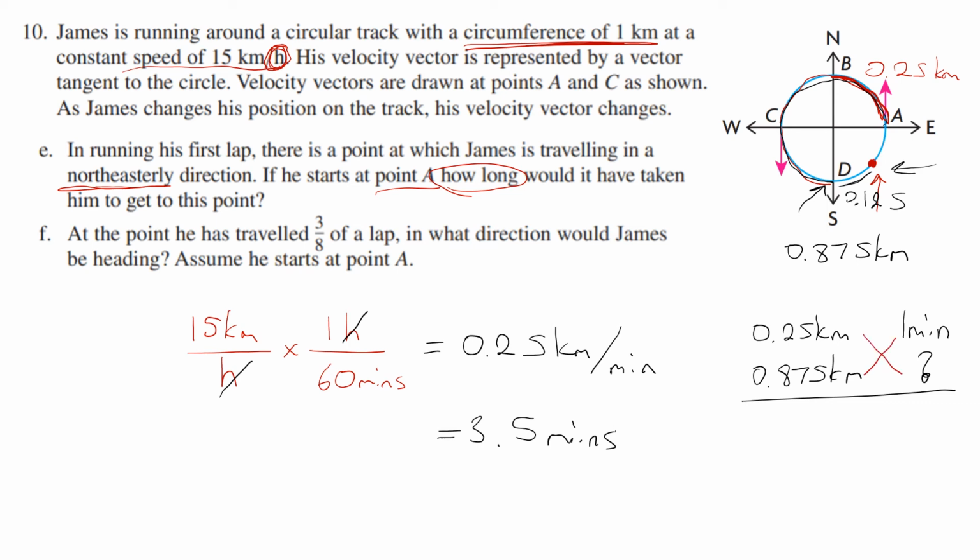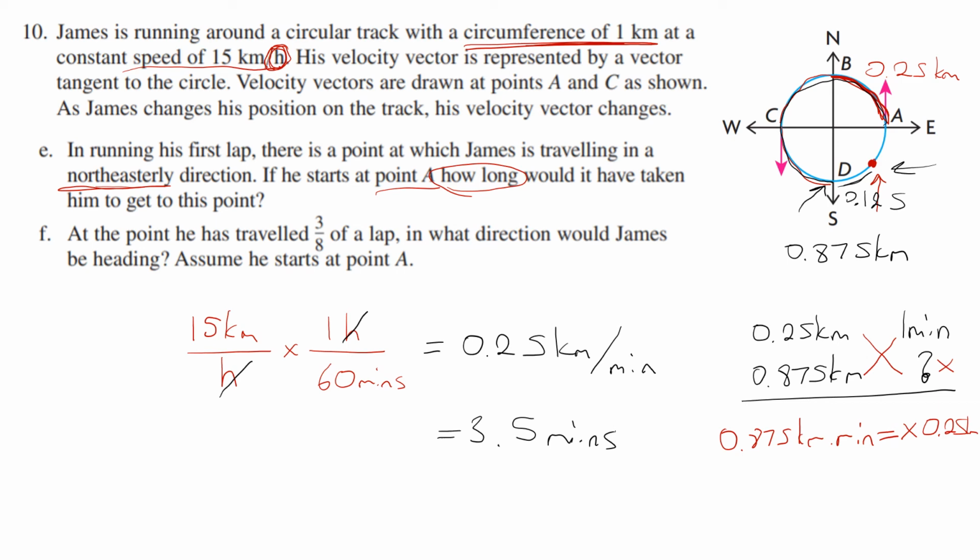So I multiply 0.875 with the minutes, so because it's 1 minute, I will get 0.875 kilometer times the minute. And this will equal to the other multiplication, which I'll just call x because I don't know the value of it. And my x would be x times 0.25 kilometers.